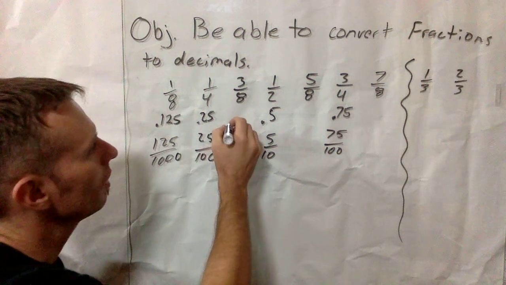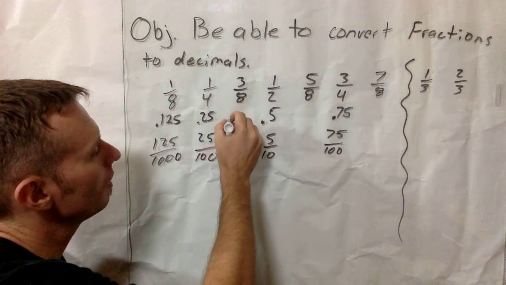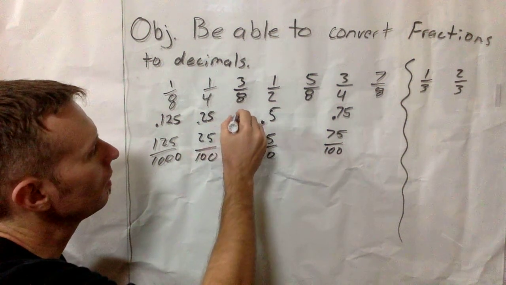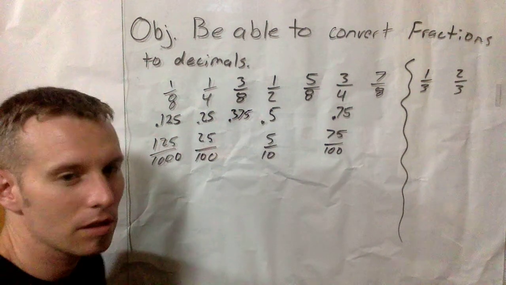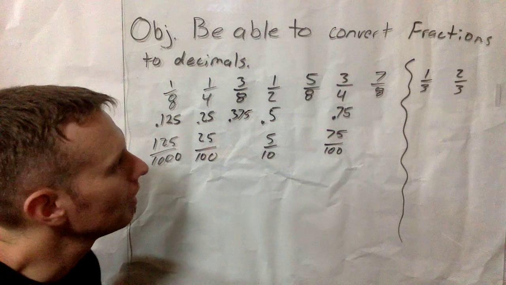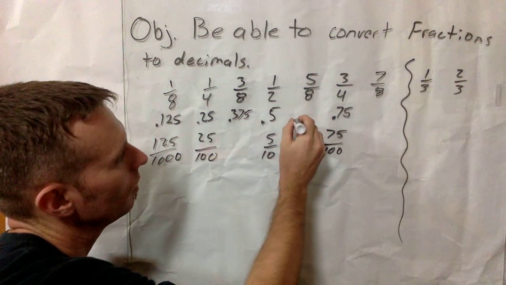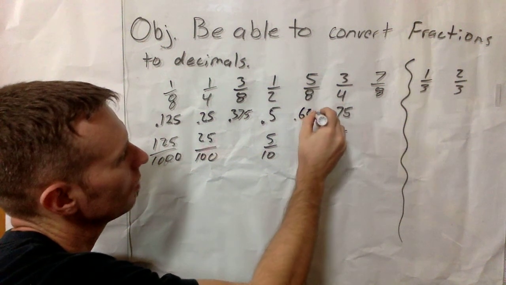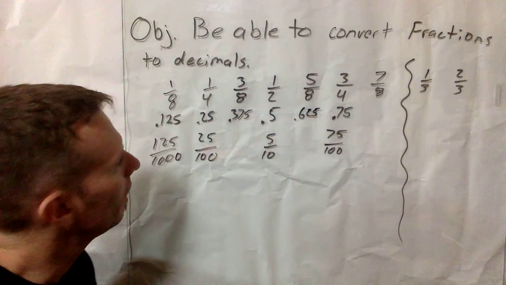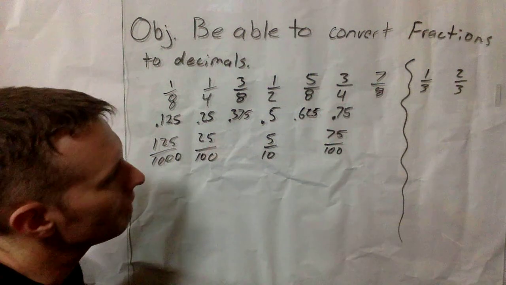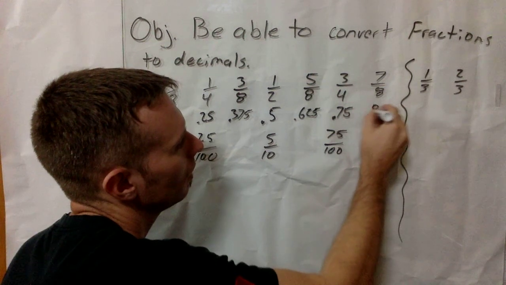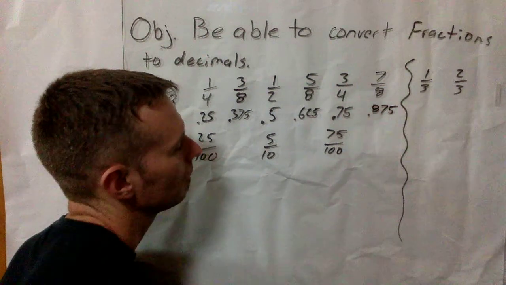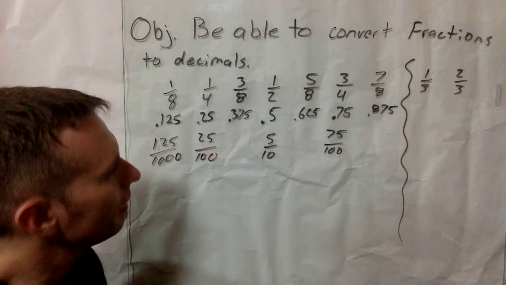Okay, just a few more. 3/8 is 0.375. 5/8 is 0.625. And 7/8 is 0.875.